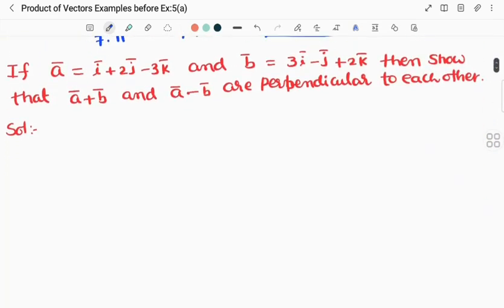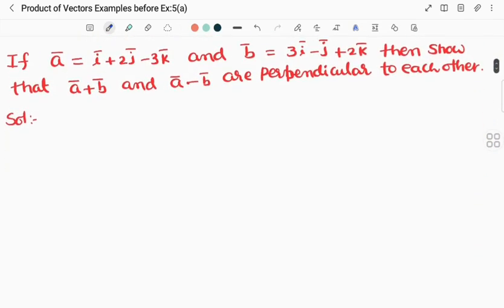Let us have a discussion of question number 2 in that example. If a bar equal to I bar plus 2j bar minus 3k bar and b bar equal to 3i minus j plus 2k, then show that a bar plus b bar and a bar minus b bar are perpendicular to each other. To show that the given vectors are perpendicular, we need to prove their dot product is 0.